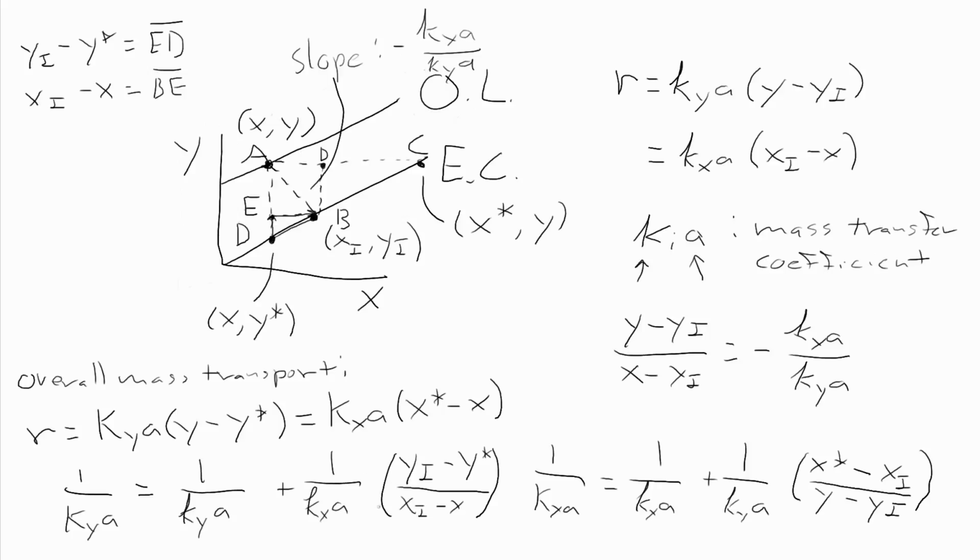So this simplifies to the k value. Similarly, down here, we've got x star minus xi. That's this, and it's over y minus yi. Here's y minus yi. So this is run over rise for the equilibrium curve. It's 1 over the k value.